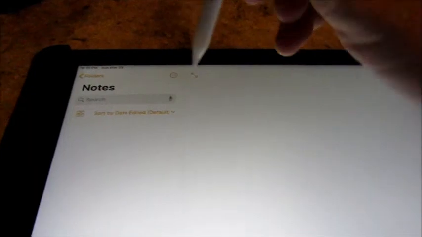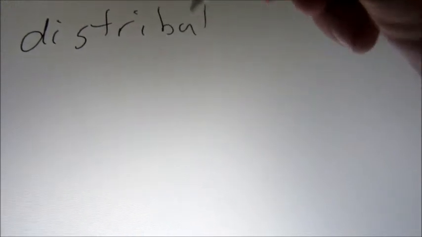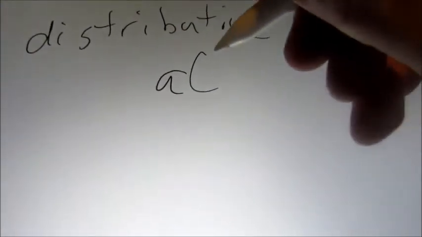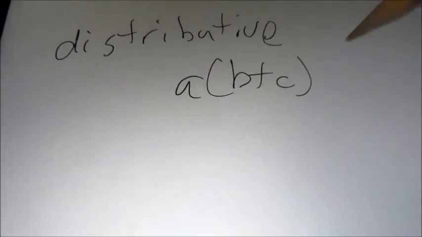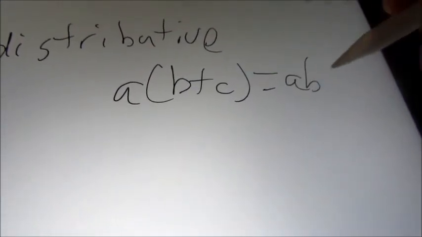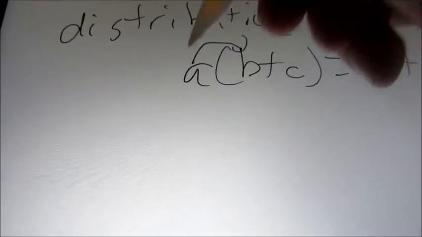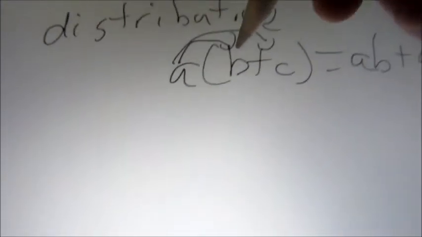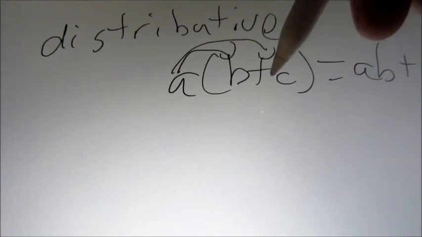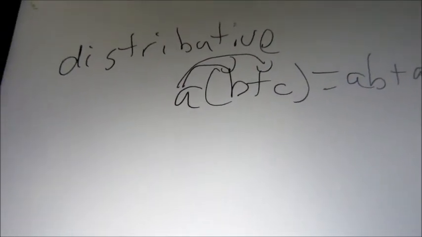So the next property is the distributive. And here, if we have a times, in parentheses, b plus c, that equals a times b plus a times c. So what we're doing is multiplying a times the first number and then a times the second number, and we keep the sign there.